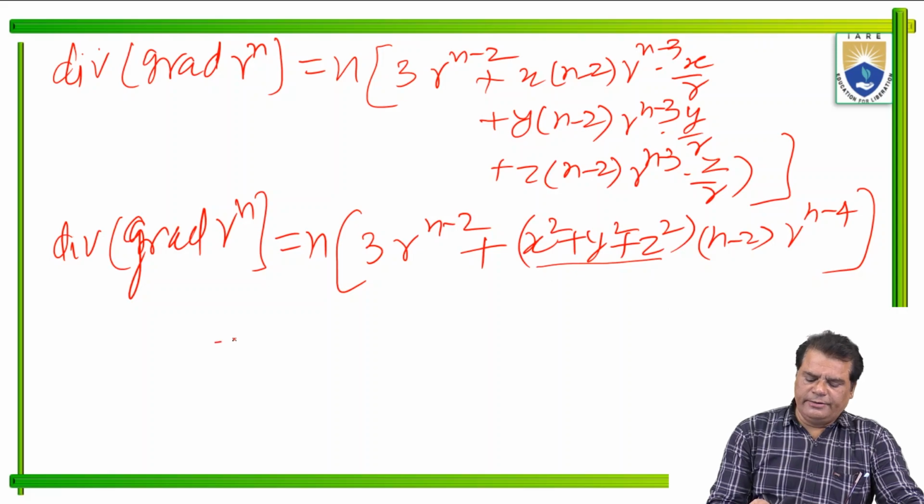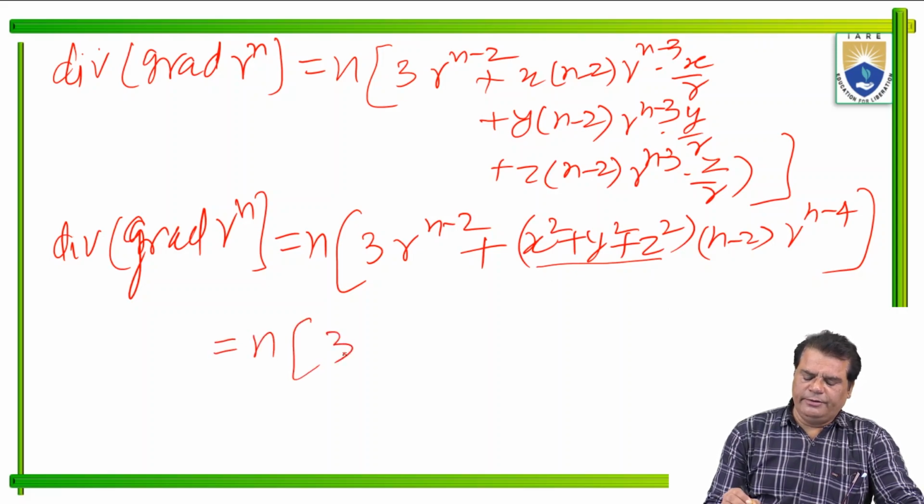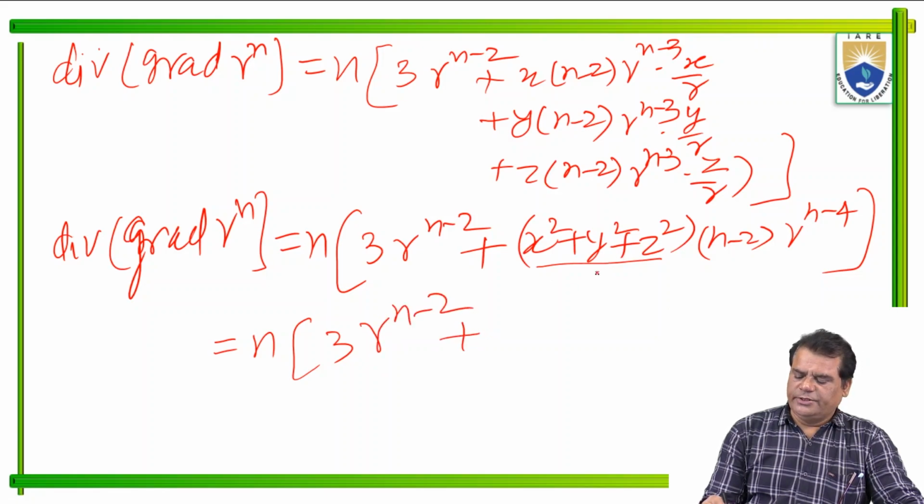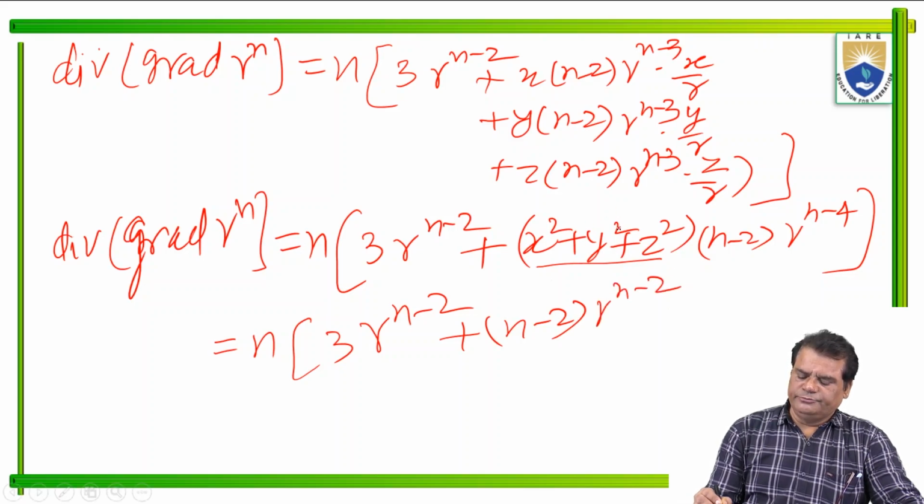So now here n into 3 r to the power n minus 2 plus n minus 2 and r to the power n minus 2. This is r square, I am writing here into r square.